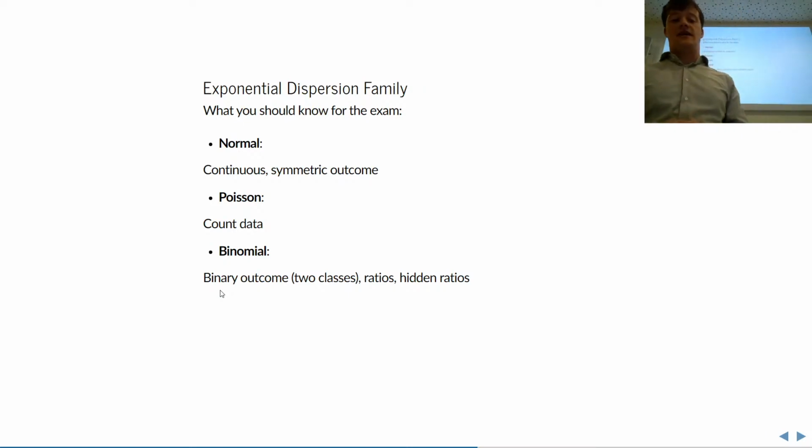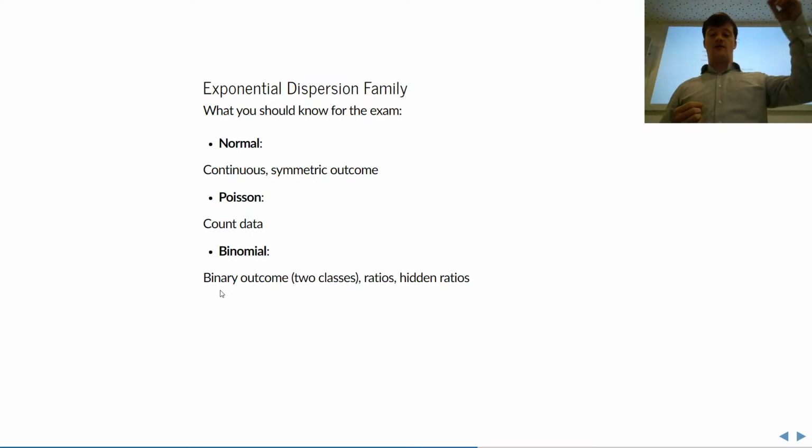Now, if you have count data, there are different ways you could model that, but for the purpose of this course, we model count data with the Poisson distribution, which is the distribution if your counts are truly independent of each other. Then finally, if you have a binary outcome, that's logistic regression, where you have either of two classes and you're trying to estimate the probability of belonging to either class, and you can see how different explanatory variables affect that probability.